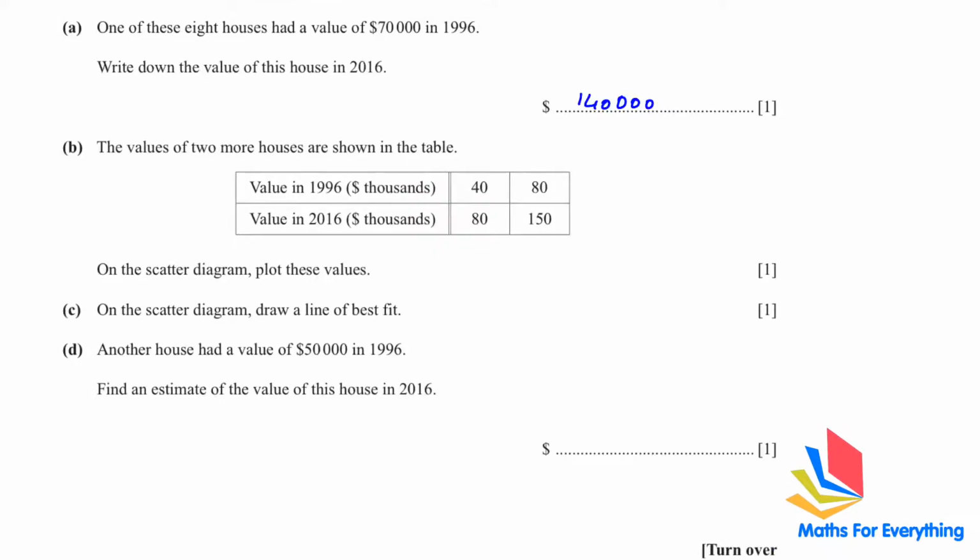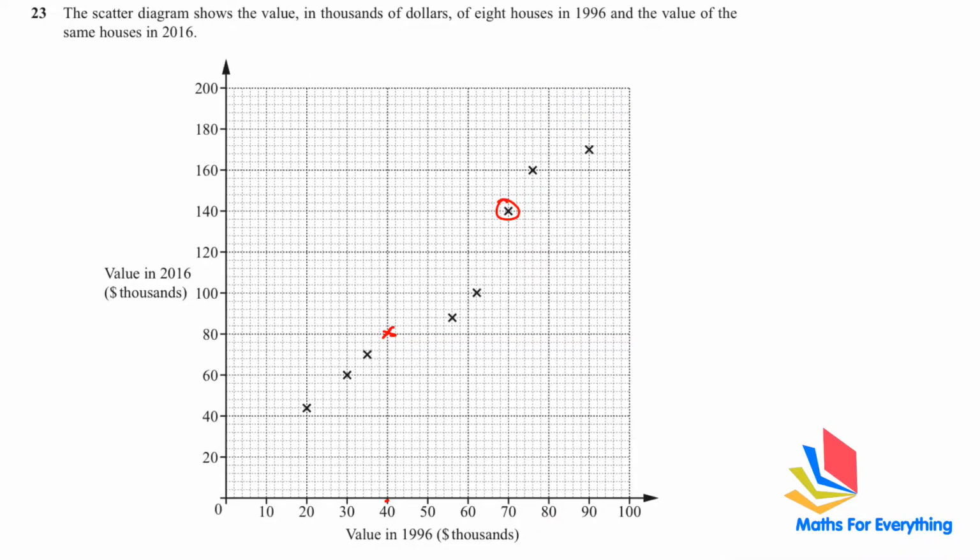And the other value was 80 in 1996 and 150 in 2016. So 80 here and 150 is going to be somewhere here. So we plotted the 2 points.